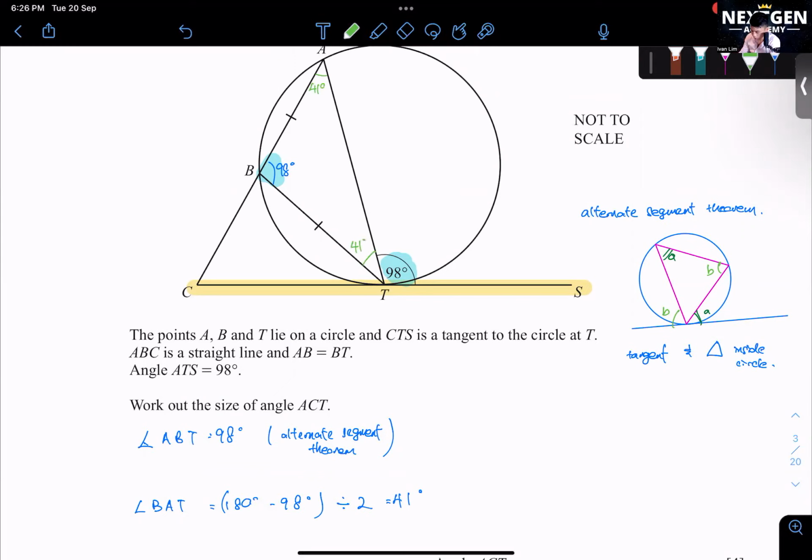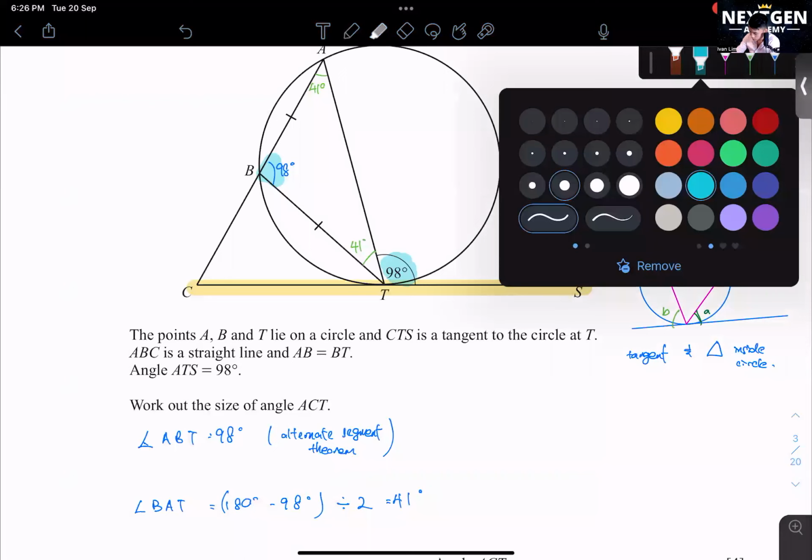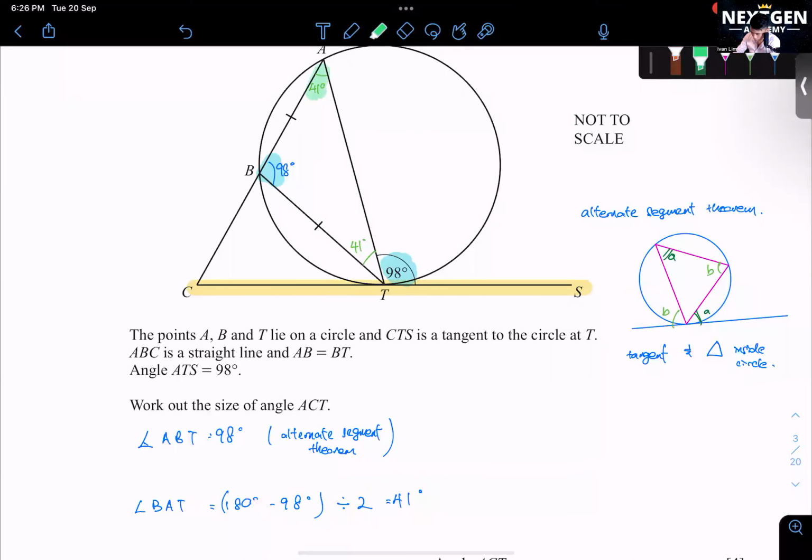What else do I know? Over here, what can I say? This one, again, another alternate segment theorem. You all see here? Here and here will be the same. You see, this B, then there's a triangle here, the tangent, then this angle and this angle is the same because of the alternate segment theorem again.